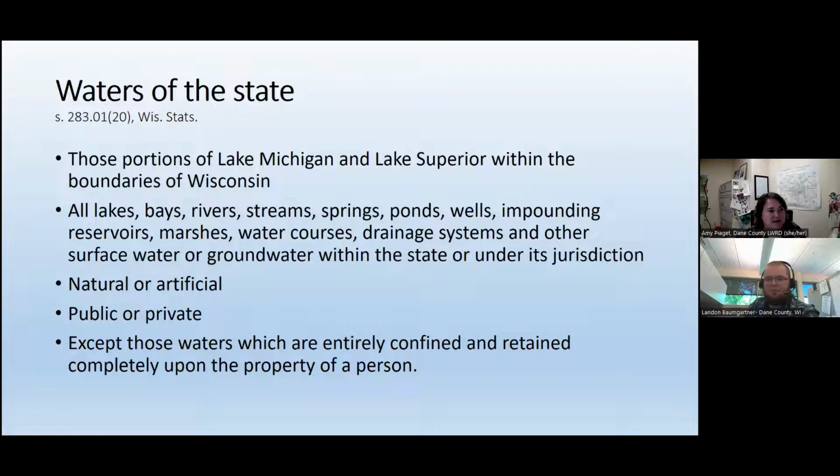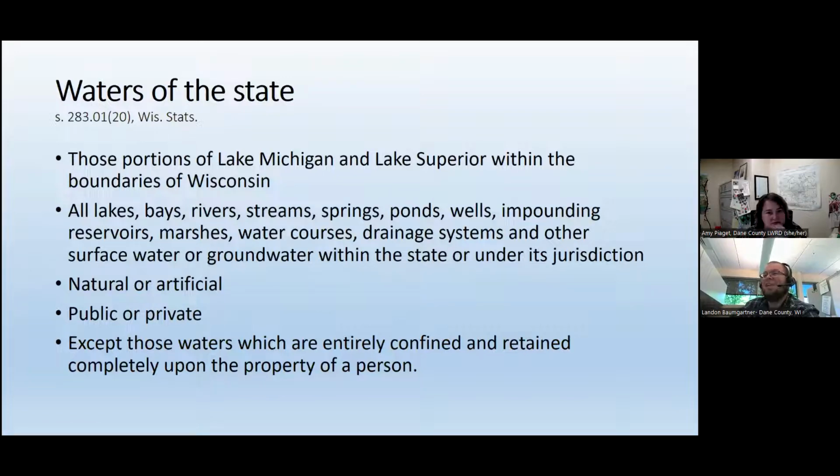That's not the intent of these definitions. That would be a private pond that's artificial, solely confined on the property and not connected to groundwater or surface water. So neighbors cannot push their neighbors away by building a pond, generally. Gotcha.